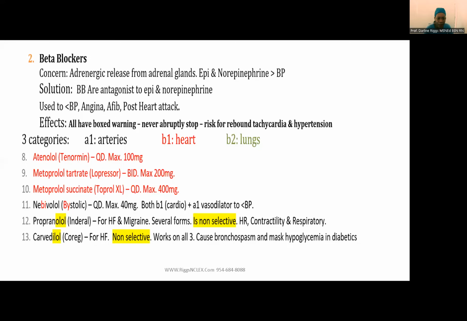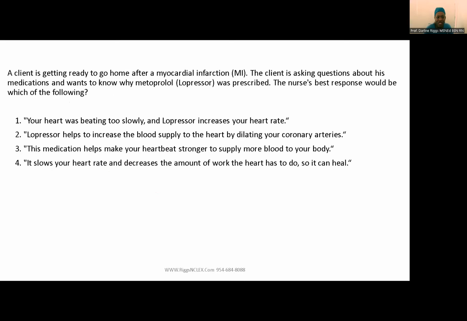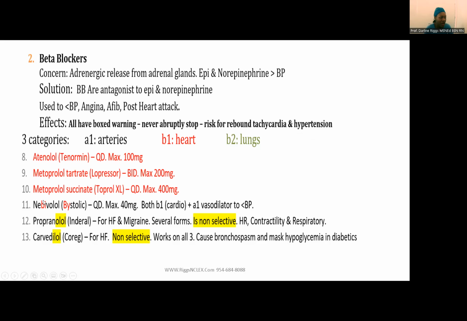So as you're studying, you want to think of how this question would be posed to you. The one I just gave you was on metoprolol, you knowing about the cardiac effect, not really the arterial. But if I change that question to nebivolol, you need to know the arterial effect, right? So you want to study where you're replacing this. Okay, this question could come at me where they don't give me metoprolol, they give me nebivolol, or they switch that now to propranolol.